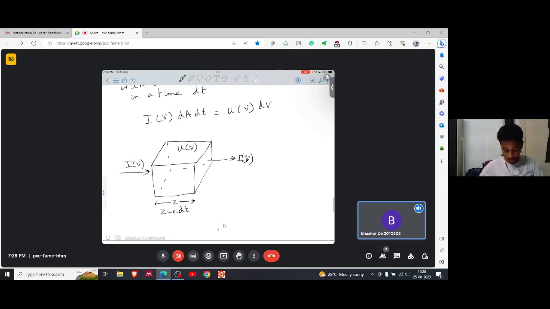The energy density is multiplied with dV, and this intensity travels through this medium.